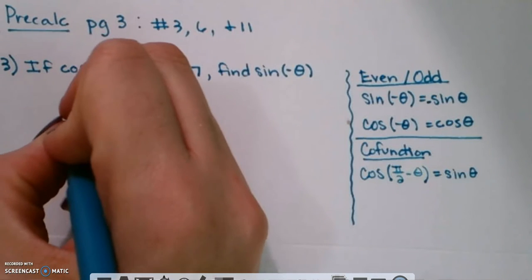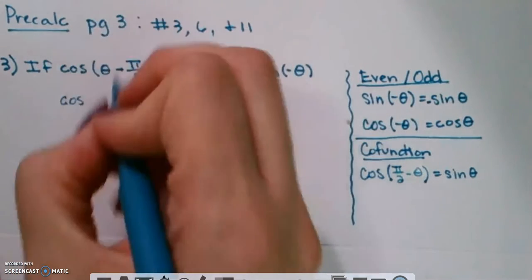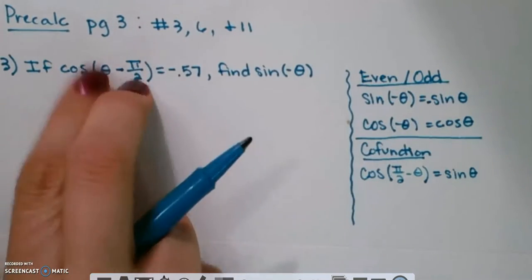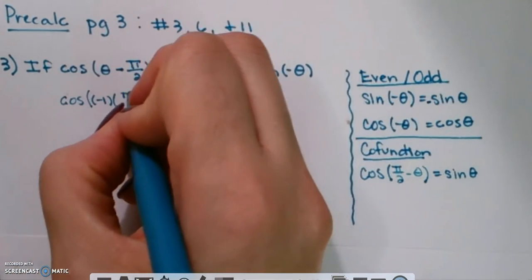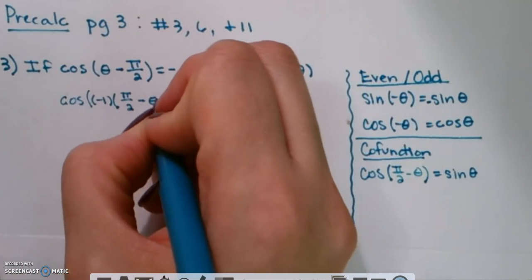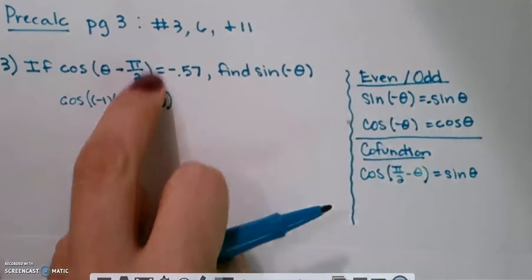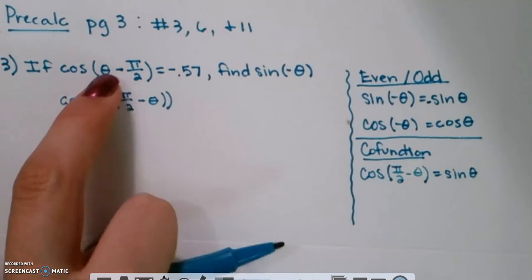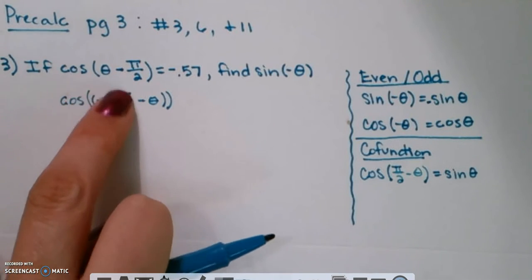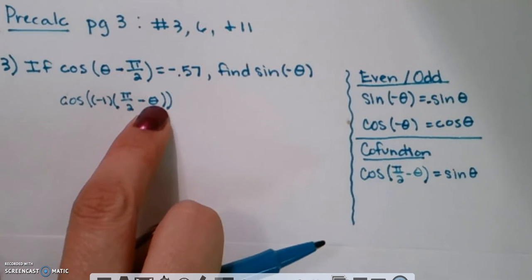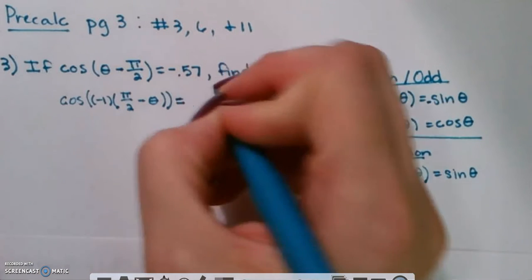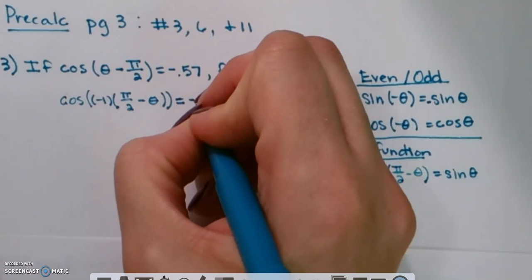So cosine of, if we factor out a negative 1, that's going to switch these two terms, pi over 2 minus theta, because negative pi over 2 divided by negative 1 is positive pi over 2, and positive theta divided by negative 1 is negative theta. This is still equal to that negative 0.57.